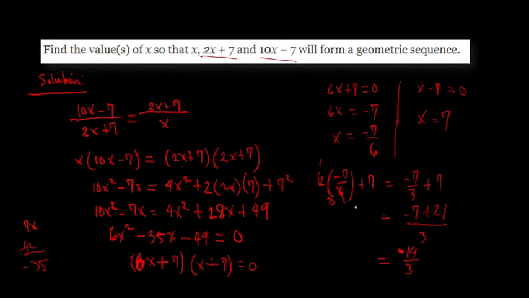The third term is 10 times negative 7 over 6 minus 7, just simply equal to, by 2, 5 by 2, 3. So 5 times negative 7 is negative 35 all over 3 minus 7.